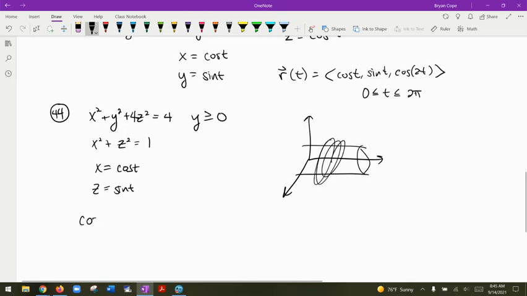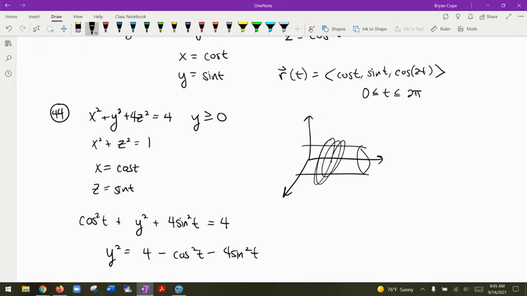So we can go cosine squared t plus y squared plus 4 sine squared t equals 4. So y squared equals 4 minus cosine squared t minus 4 sine squared t. We're only interested in when y is greater than or equal to 0, so y equals the square root of 4 minus cosine squared t minus 4 sine squared t.